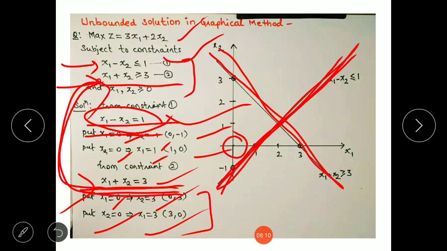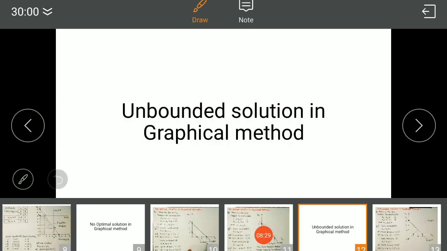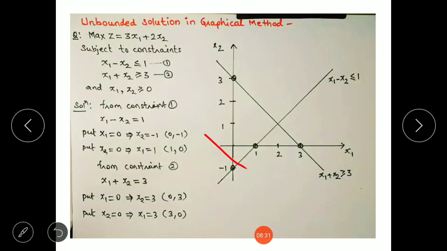After putting 0, 0, we find 0. So 0 is less than or equal to 1, which means that it is getting satisfied. So for the line x1 minus x2 less than or equal to 1, the region is this.